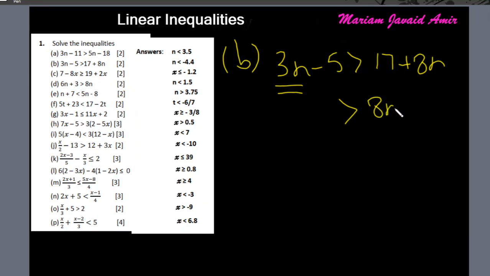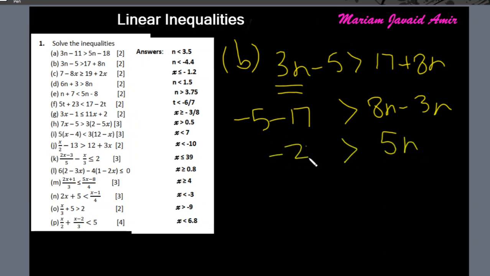So 8n minus 3n and minus 5 minus 17. Always try to rearrange an inequality in such a way that your variable's coefficient is positive, not negative. Okay, so this becomes 5n greater than minus 23, and then minus 23 over 5 greater than n.